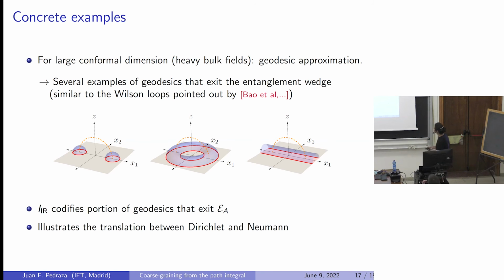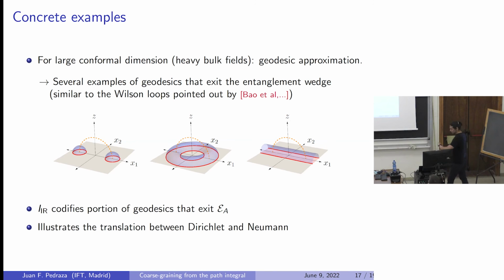This is another example where the region of interest is an annulus, and this is very similar to the Wilson loop that I was showing at the beginning. This is an infinite strip, and then you pick a correlator where the two points are along one of the infinite directions. If you pick them very separated, at some point they will exit the wedge.